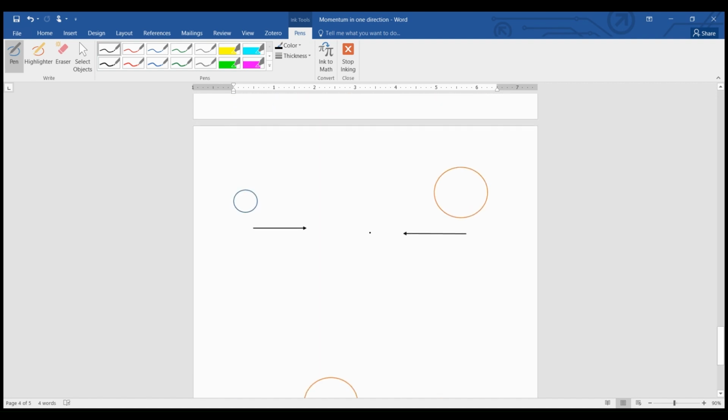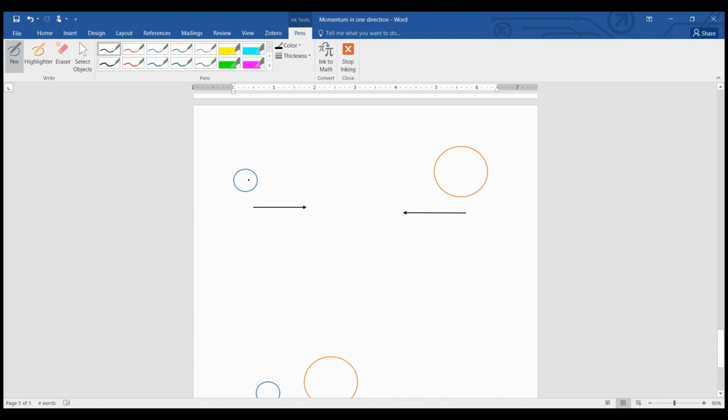Now another scenario where objects 1 and 2 are moving in the opposite direction, that is, towards each other. We assign object 1 plus u1 as the velocity before collision and object 2 minus u2 as the velocity before collision. The masses, let us assume, are m1 and m2.